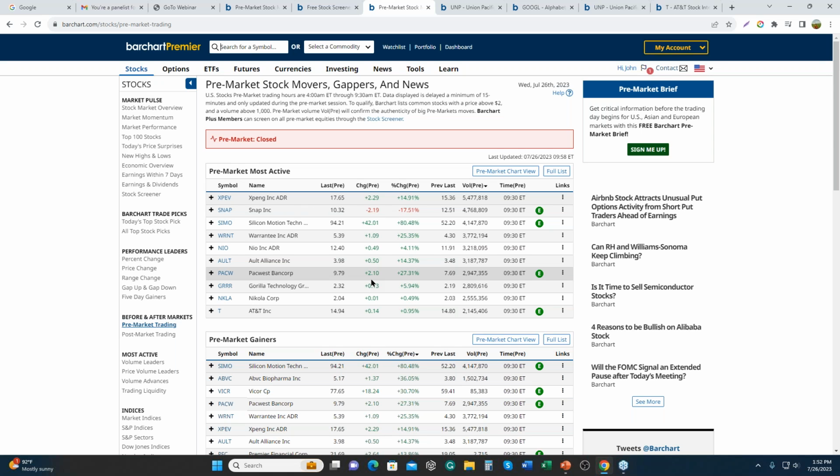Remember, old resistance can become new support, or old support can become new resistance. And that would give us an opportunity to buy a dip inside of a gap and go breakout. I showed you that example with, what was it? Yeah, UNP.